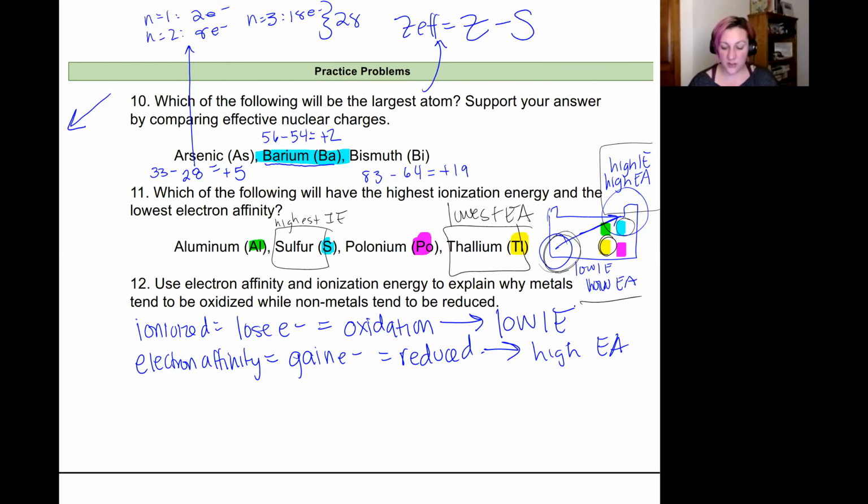So that means that low ionization energy, remember, that's down here in the lower left-hand corner. And so that's where our metals are.